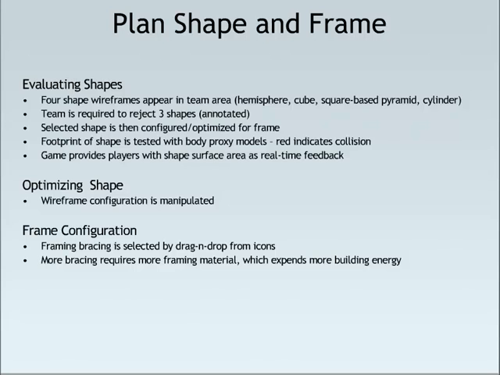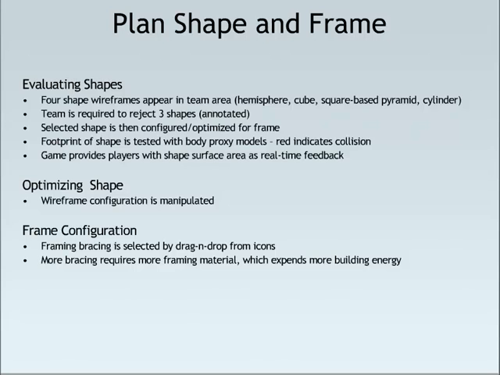Then they're going to calculate the volume, and because of these dimensions and the formulas, they can calculate the surface area, and now they can calculate the heat loss that will happen because of the surface area. More surface area is going to be more heat loss, so then they can decide, okay, we're going to go with this one shape and reject these others, and they have to vote on that.